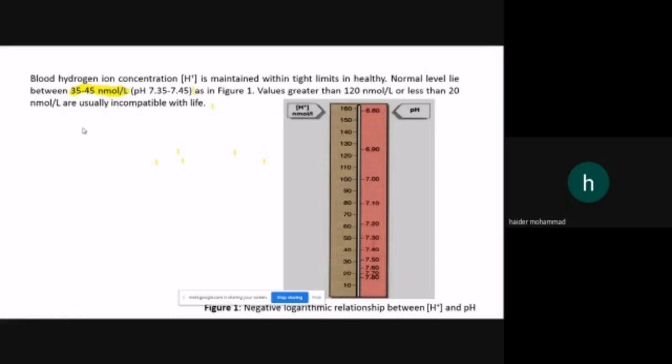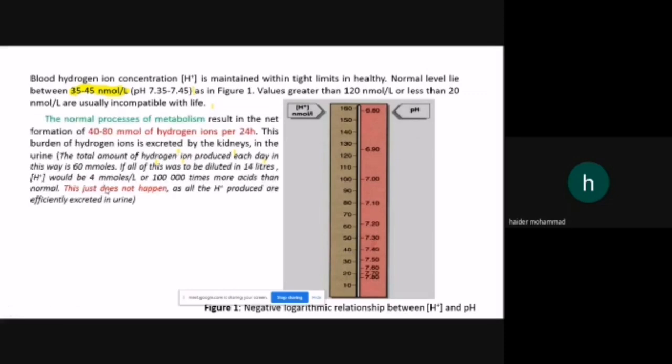What does incompatible with life mean? If the concentration is more than 120 or less than 20, it is incompatible with life. We know there is an optimum pH for hormones and enzymes to act at optimum condition, which is pH 7.3 to 7.4. So an excess amount, more than 120 or less than 20, means the pH isn't optimum and leads to hydrolysis of these hormones or enzymes, and the person dies. If the pH changes, there is a limit in a healthy case, which is 35 to 45 nanomole.